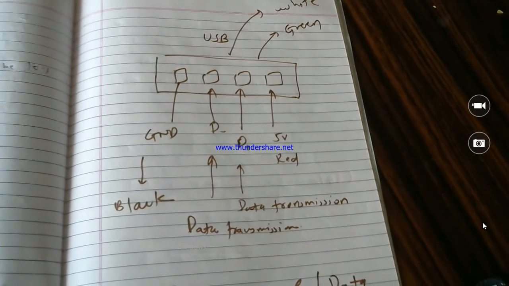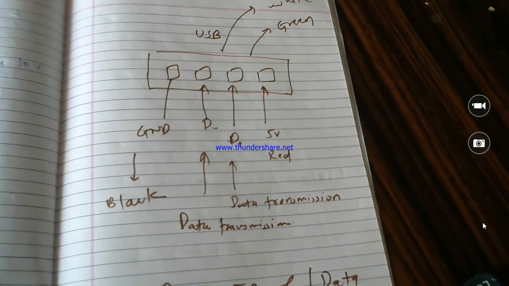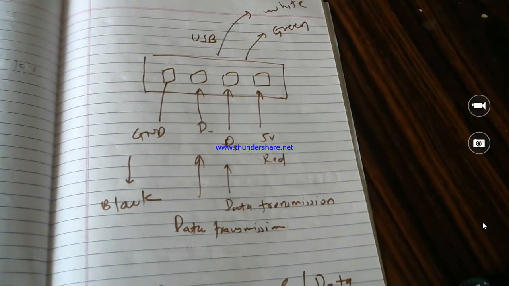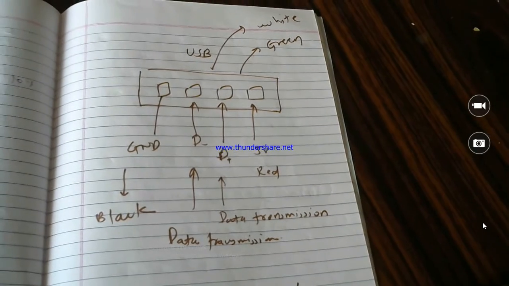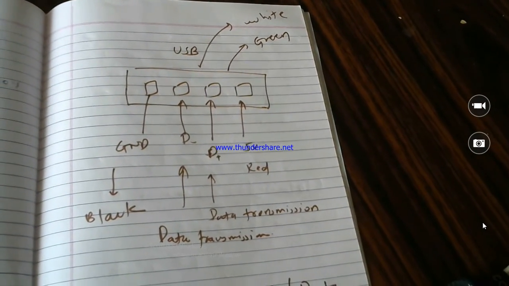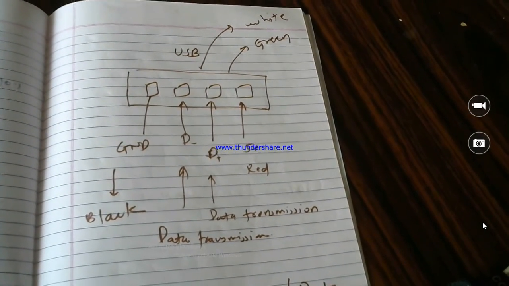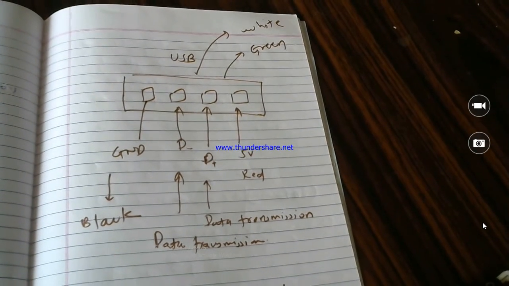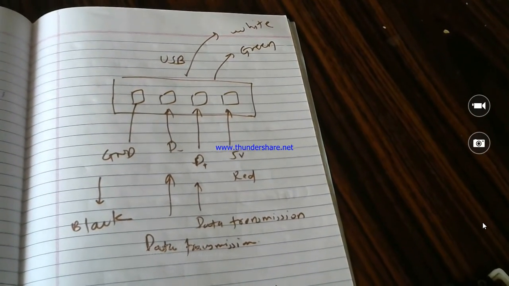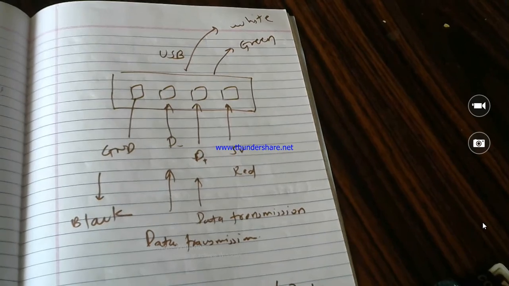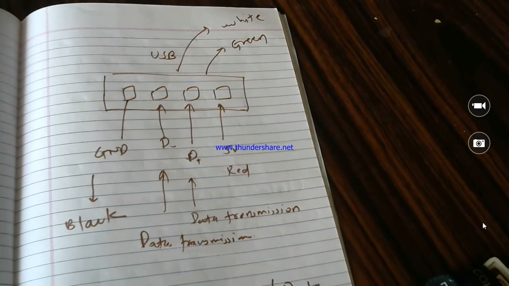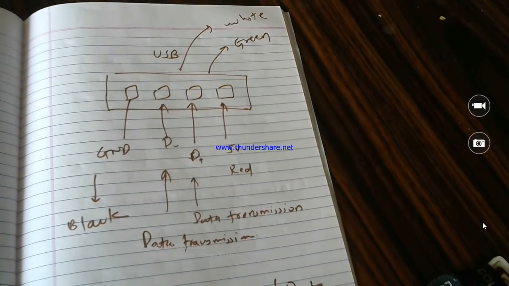Only 4 wires are there, and with the help of these 4 wires we can achieve a speed of 40 Gbps, not 40 Mbps. That means 40 Gb per second data transmission can be done with the help of USB 4.0, right?